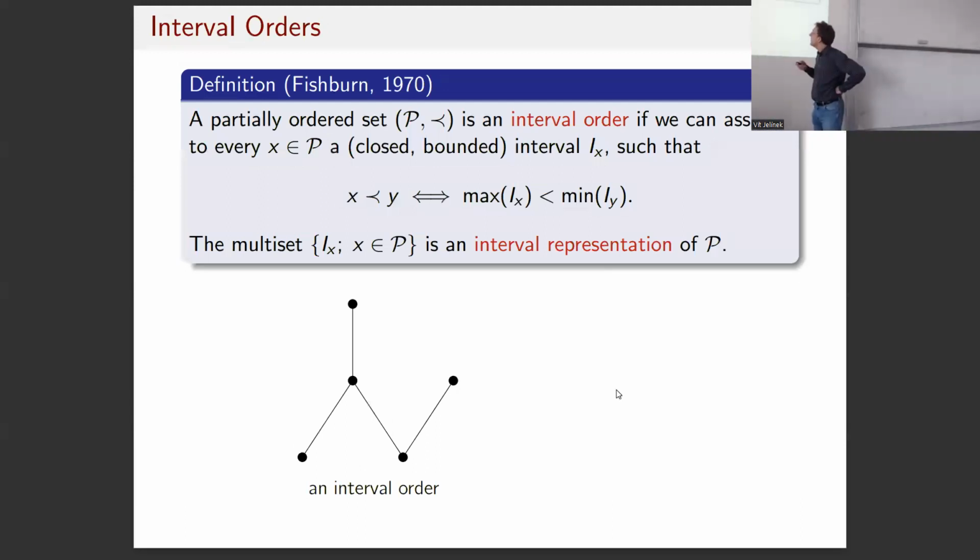And the main definition here is the definition of an interval order.